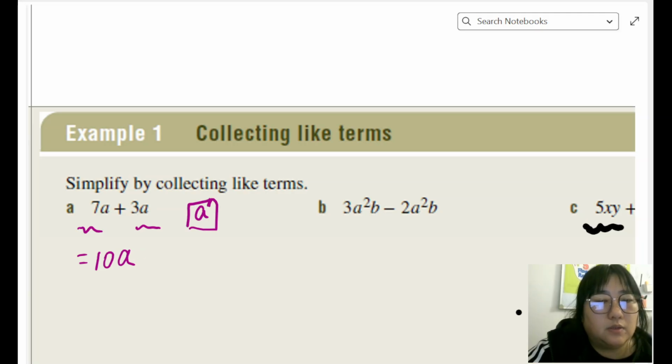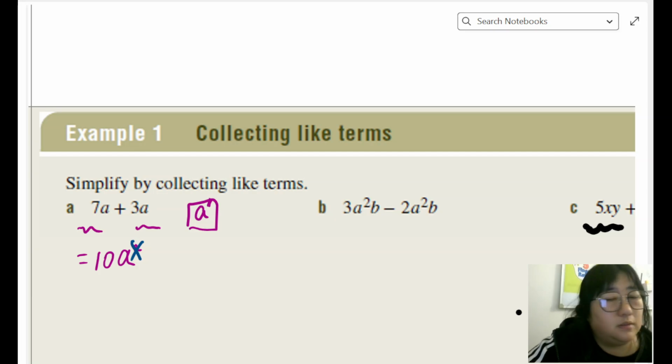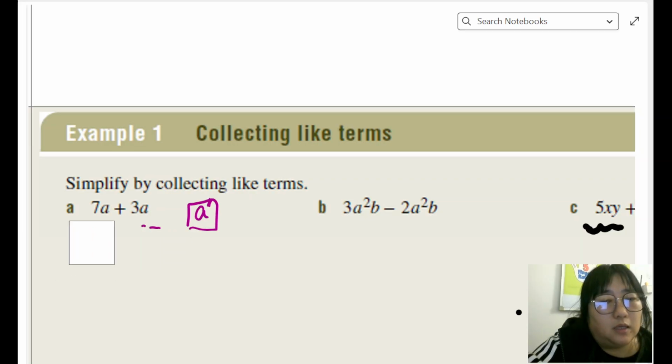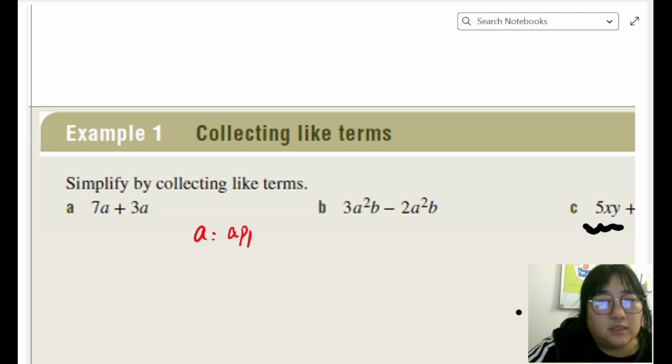My students always get confused: Miss, why do we just write 10 lots of A and not 10 lots of A squared? A squared is not correct, guys. If you write down A squared, I will give you 0 marks in the test. The reason is like this. We're assuming A is unknown, so A means something. Maybe A means apple.